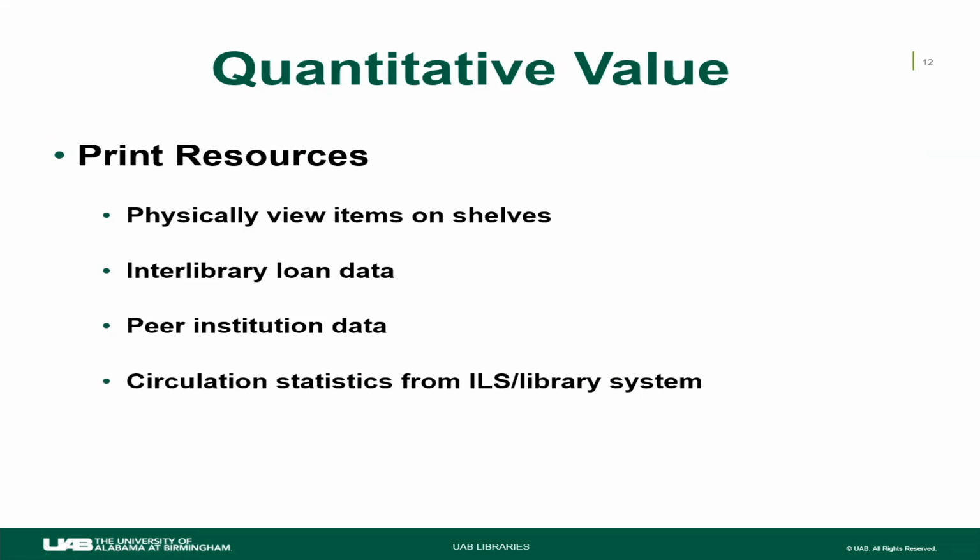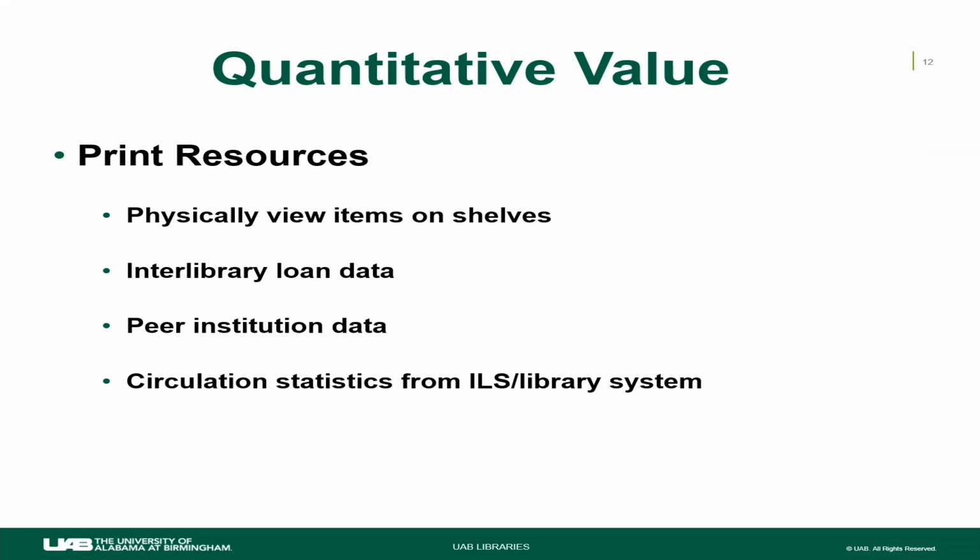Your print resources. You can grab the information out of your ILS, your circulation, however you want to do it. At one point, I think some libraries were even, if you found it out on a table, did you put a tick mark on something? What were you doing to maintain it?